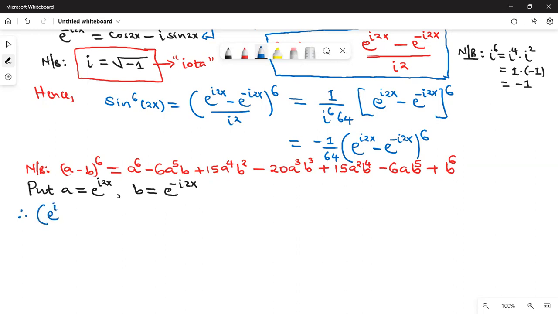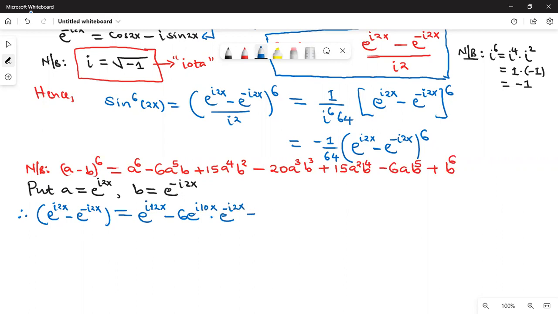Exponential i to x minus exponential negative i to x should now give us exponential, because it is a raised to 6, so we raise that to 6, that is exponential i 12 of x. Remember the laws of indices. And then I can see minus 6, a raised to 5 is exponential i 10x times b, which is exponential negative i 2x.